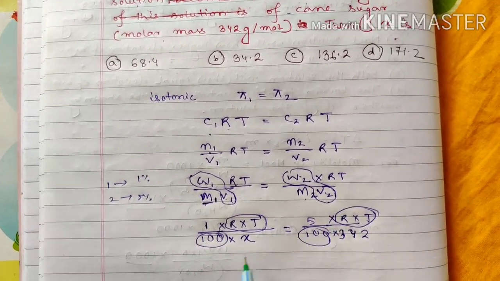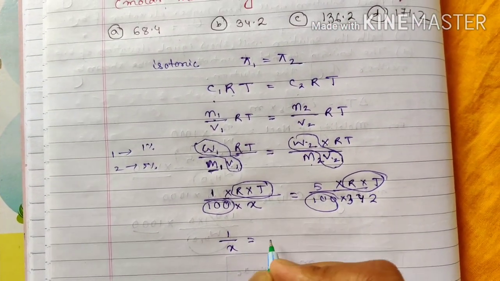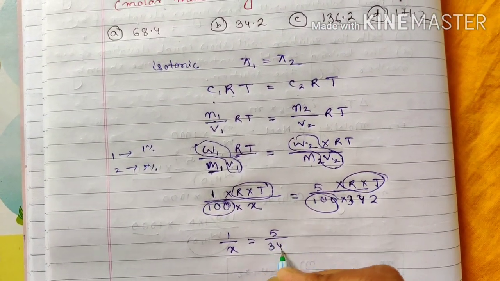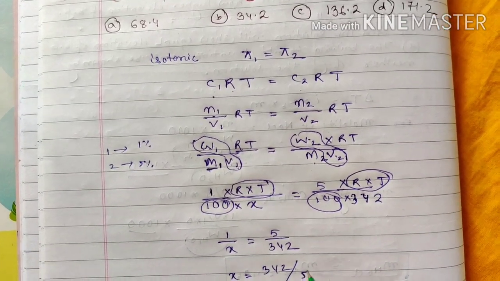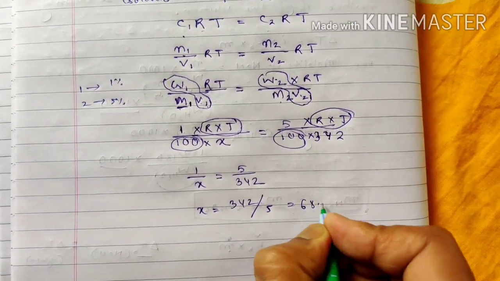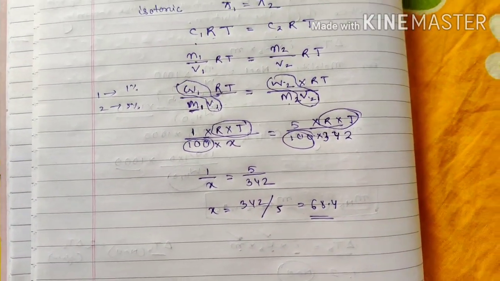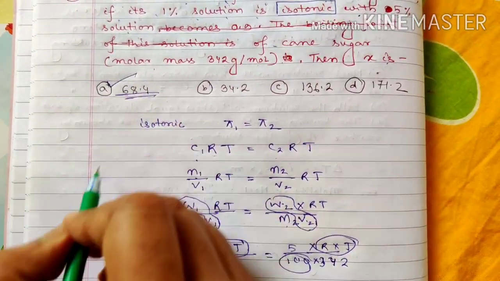This one will also cancel out. So what is remaining? 1 by X is equal to 5 by 342. So X should be 342 by 5. You calculate, you will get around 68.4. So among all these options, the first option, 68.4, is going to be correct.